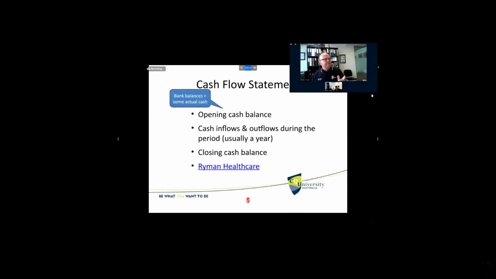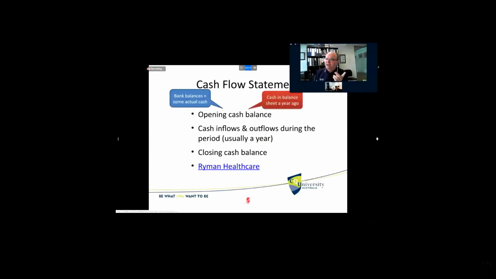Now the opening cash balance is your bank balance, plus some actual cash. So it's not just cash floating around as cash, but it's your bank balances and cash. And then you have the cash inflows and outflows through the year, and then the closing cash balance, which is your bank balance and some cash.